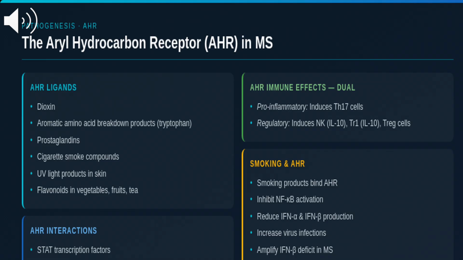The smoking story is particularly instructive. Smoking products bind the AHR, inhibit NF-κB activation, reduce IFN alpha and IFN beta production, and increase susceptibility to viral infections. Because MS already has subnormal type I IFN levels and responses, smoking effectively amplifies this IFN deficit. The result?